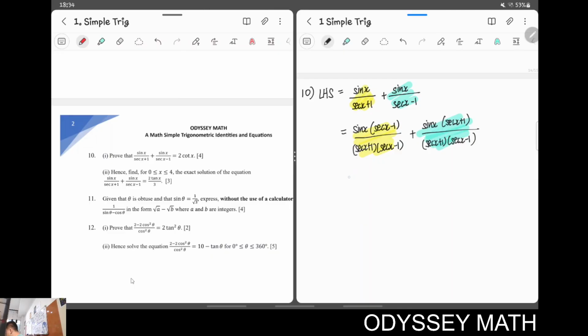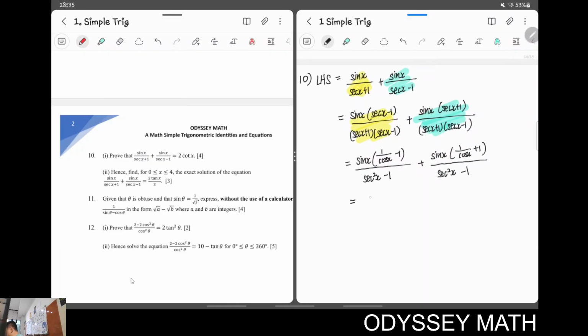And then, slowly, this is 1 over cosine x minus 1. Here I'm just changing the secant x to 1 over cosine x, and then I'll expand the denominator, which is secant x minus 1. Plus, same thing, I change the secant x in the numerator to 1 over cosine x, with plus 1. And then I'll expand the denominator here as well, secant x minus 1.